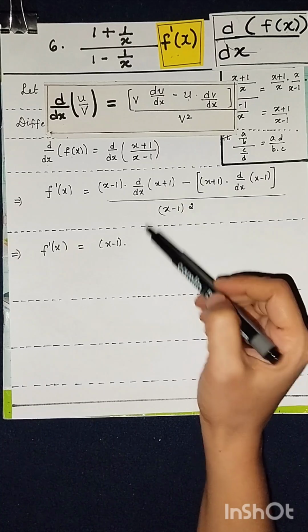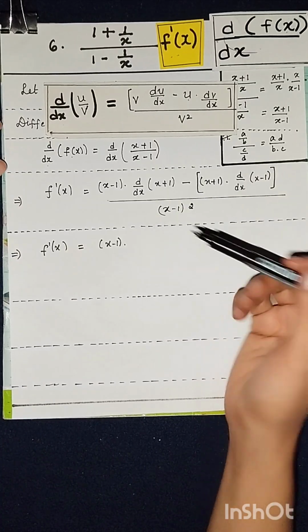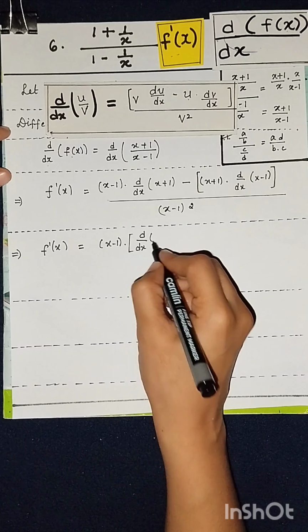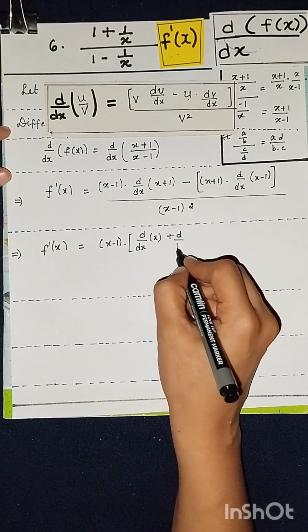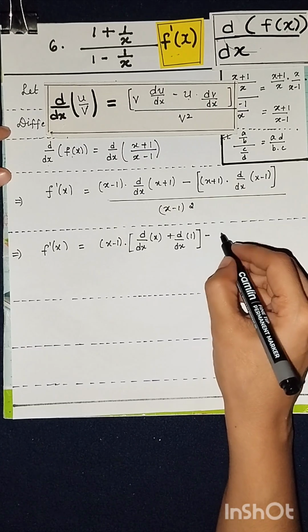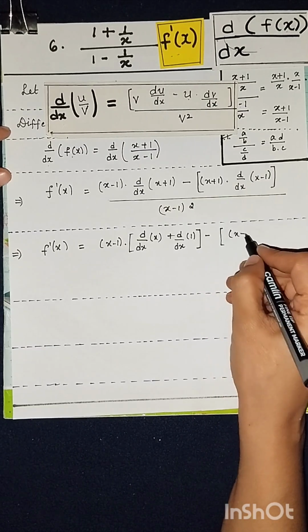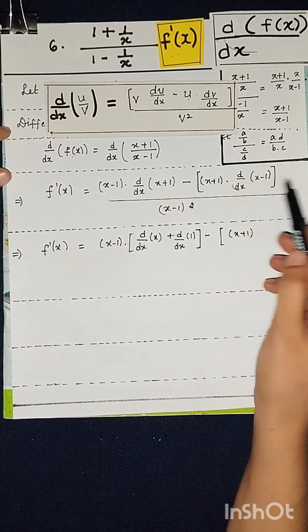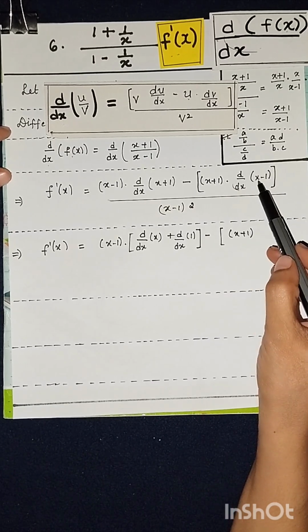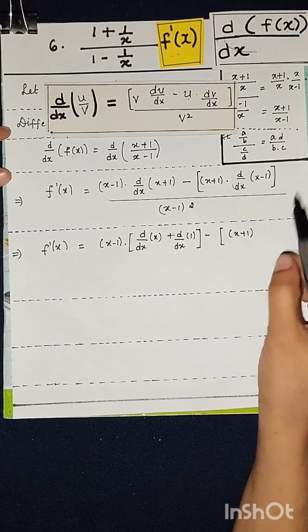So 1 plus 0, you are left with 1. But let us write that step. d by dx of x plus d by dx of 1, minus x plus 1. So what will be the derivative here? It is 1 because d by dx of x is 1 and d by dx of 1 is 0.